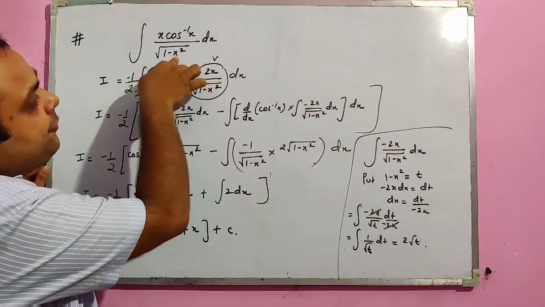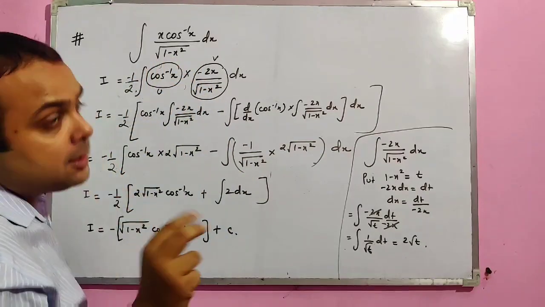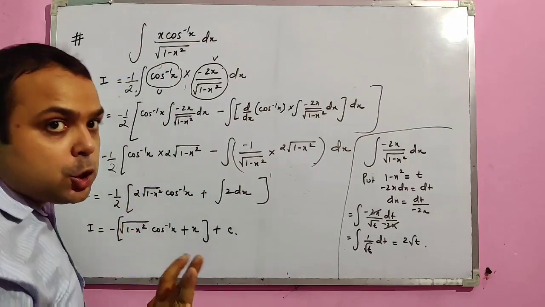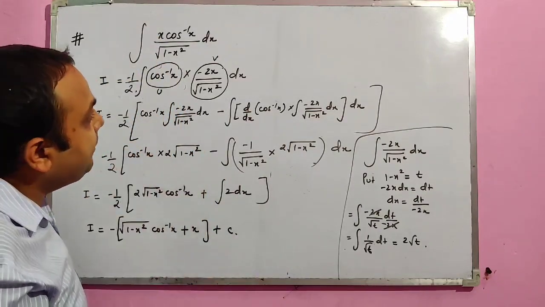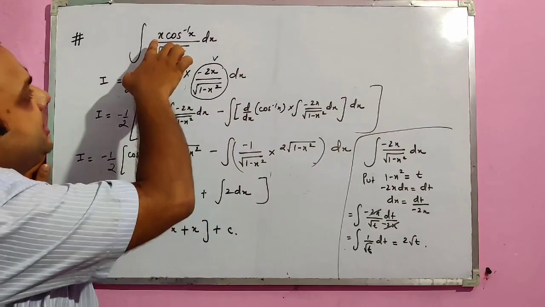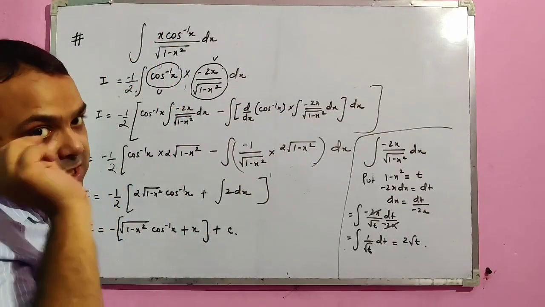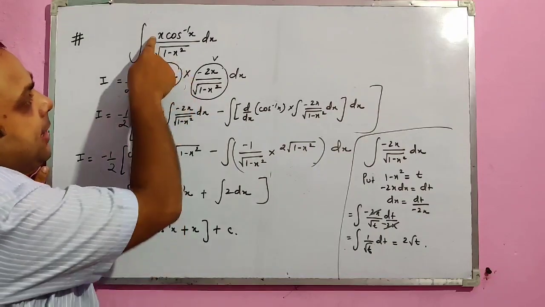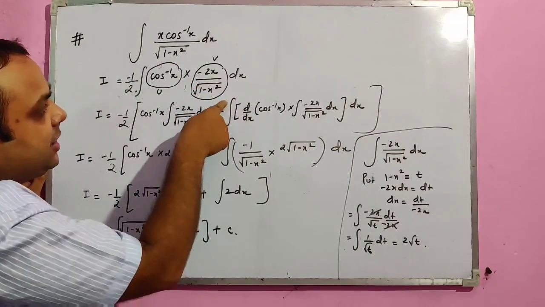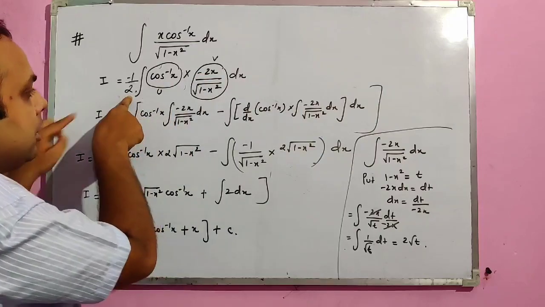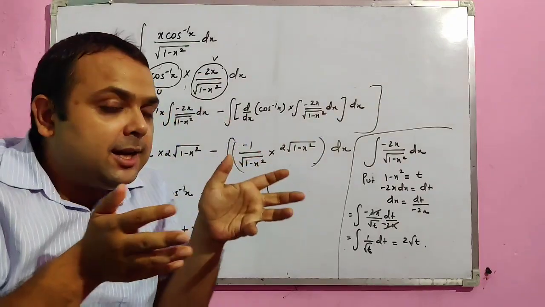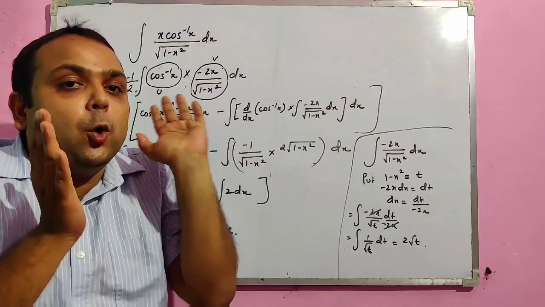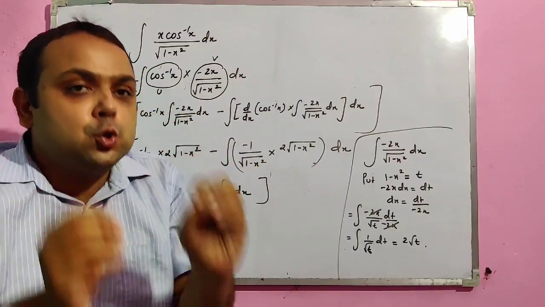The differentiation of x square is minus 2x. Now we already have x there. So what I have done, I have just multiplied and divided that particular x with minus 2. So I got cos inverse x as it is, multiplied by minus 2x divided by this function, and this minus 2 is also here. So I have divided and multiplied the whole expression by minus 2.